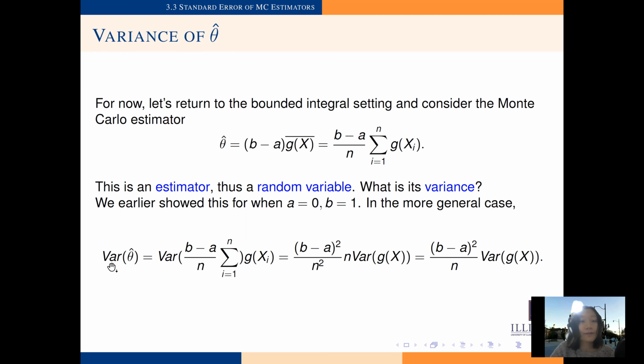Here, the variance of theta hat is equal to the variance of (b minus a) divided by n times the sum from i equals 1 to n of the g(x_i)'s. Sorry, so this parentheses should be moved here.